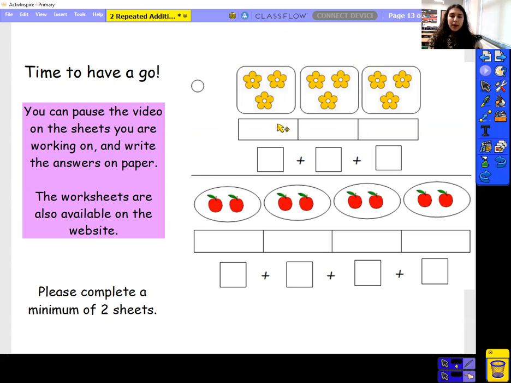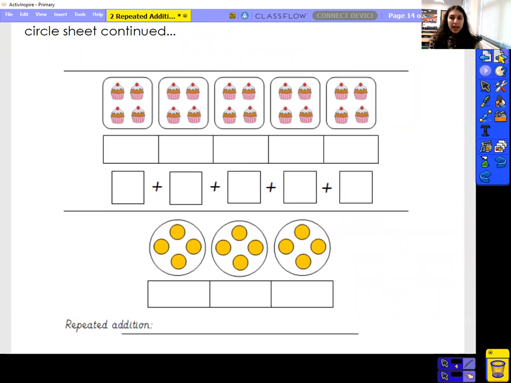And we could write that as our bar model by writing 3 and 3 and 3. Or we could write that as a repeated addition by replacing our ands with addition symbols. So 3, add 3, add 3. So that's what you're doing, and the circle sheet goes here and onto the next slide as well. And the last question doesn't have any boxes. You need to write the correct number of add signs for your repeated addition.